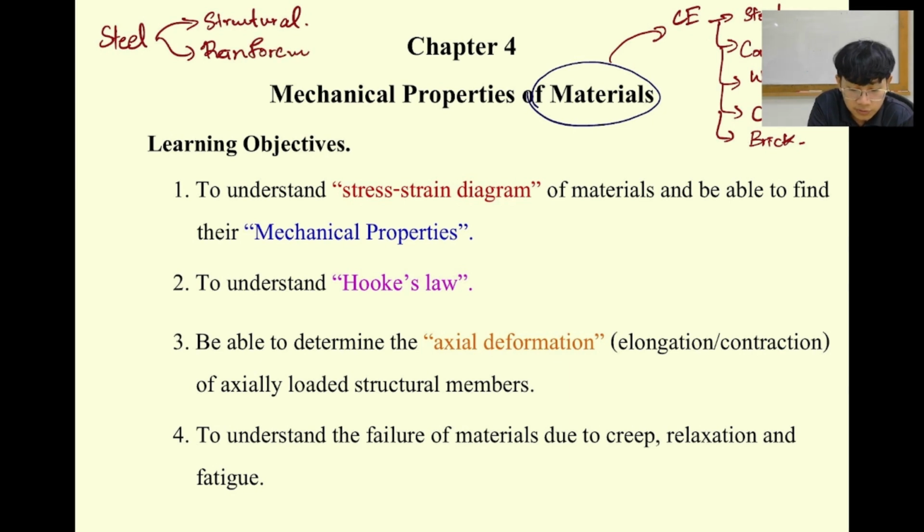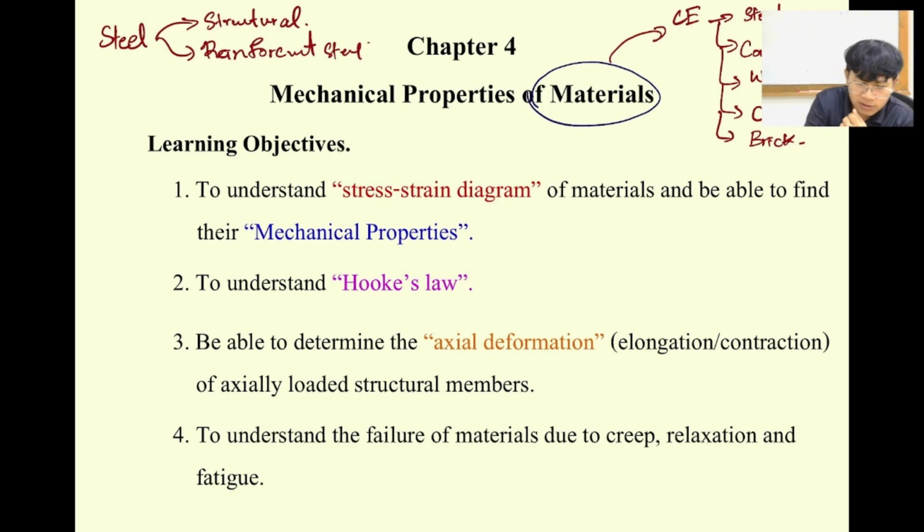What is the difference between these two? Structural steel is the one you may have seen if you have ever been to C1, where they are doing construction right now. You can see H beams and C beams that they put all together. That's what we call structural steel.